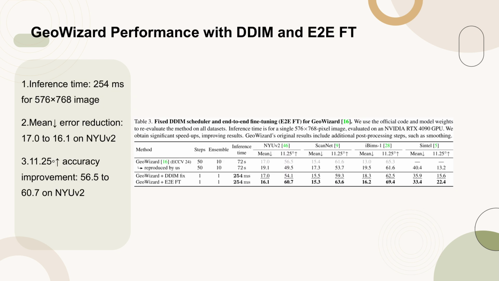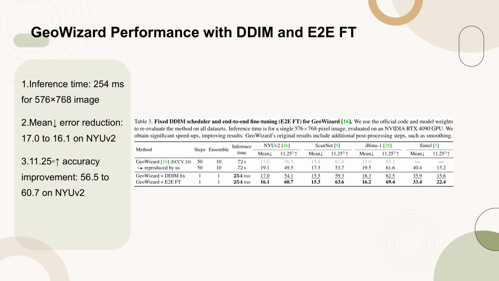Table 3 presents the results of applying a fixed DDIM scheduler and end-to-end fine-tuning, E2EFT, to the GeoWizard method. The table shows significant improvements in both inference time and accuracy across various datasets. Specifically, the inference time for a single 576 x 768 pixel image is reduced to 254 milliseconds on an NVIDIA RTX 4090 GPU.